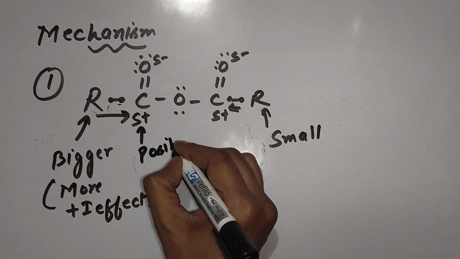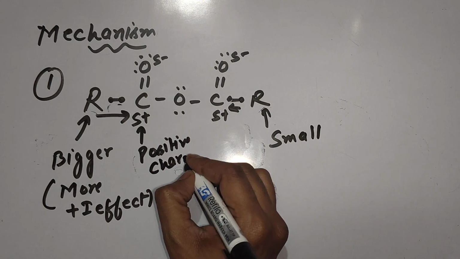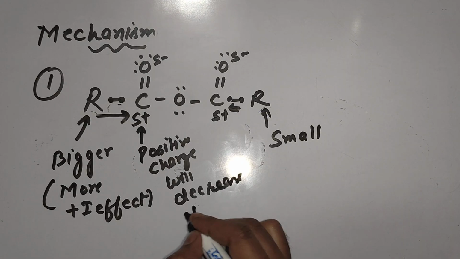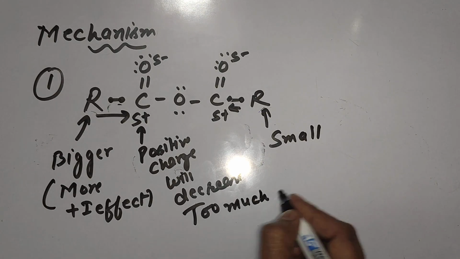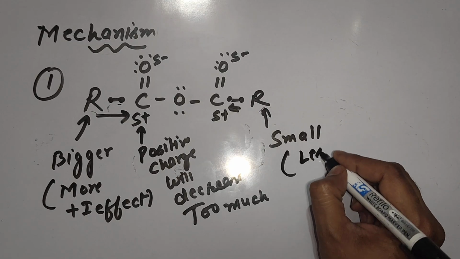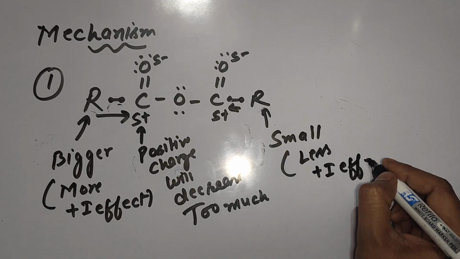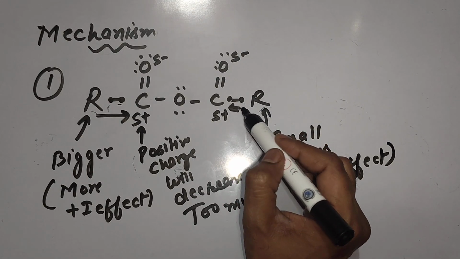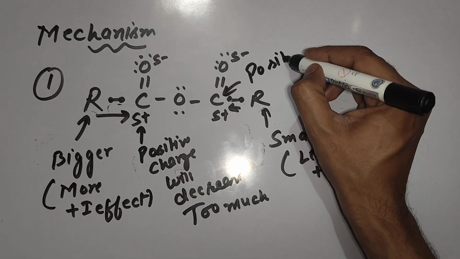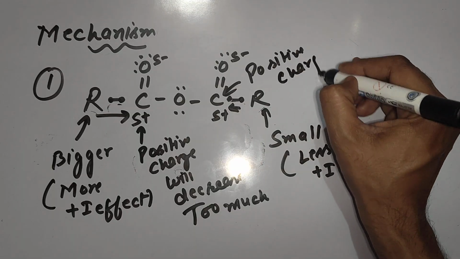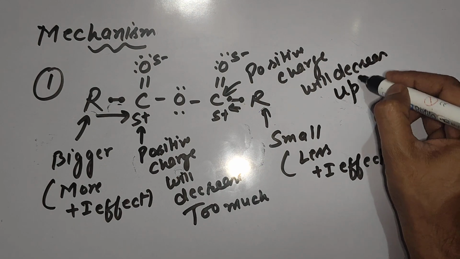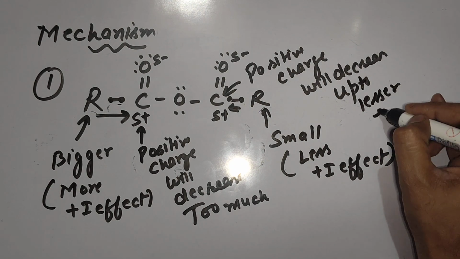Positive charge will decrease too much, and from the small side less plus I effect will be there. Less plus I effect means less movement of electrons toward this carbon, so its positive charge will decrease to a lesser extent. That's it.